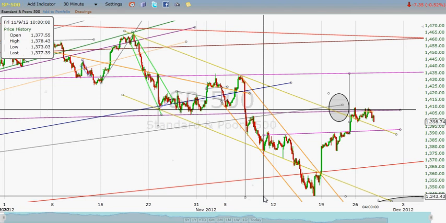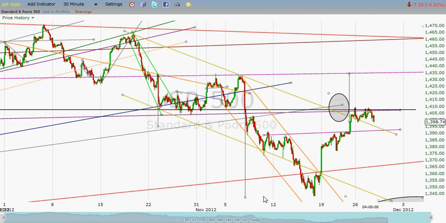But guys, that may be good enough. A lot of times these tops and bottoms will have a minimum target that in retrospect ends up being way minimum to what the actual move was.